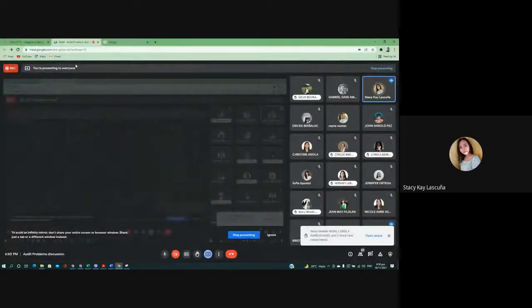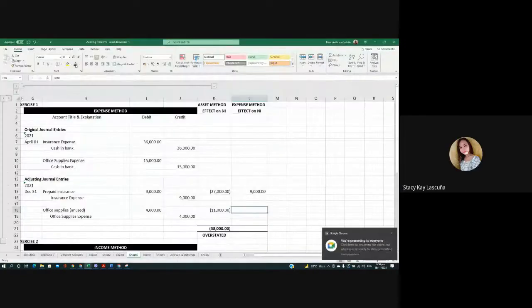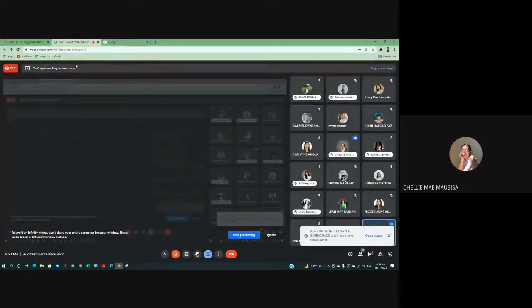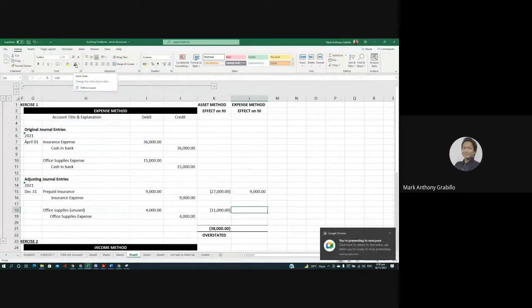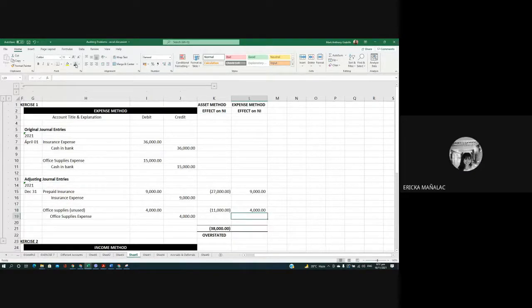Yes, Shelly. Understated din po siya ng 4,000. So idadagdag din natin. So how much is the total of understatement? 13,000 understated.